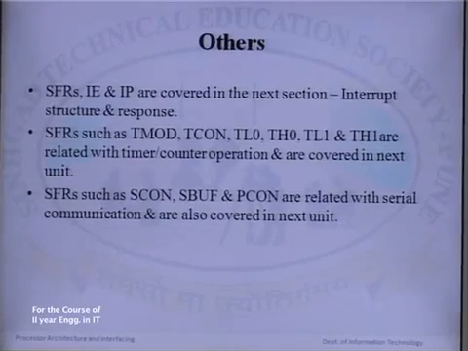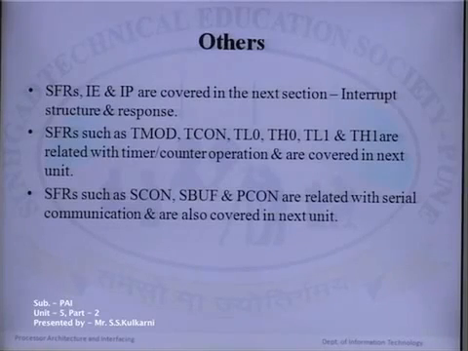Then come the SFRs like TMOD, TCON, TL0, TH0, TL1 and TH1. All of them are related to the timer counter operation, and those will be covered in unit 6. Similarly, the SFRs such as SCON, SBUF and PCON are related to serial communication, and they also will be covered in the next unit, that is unit 6.